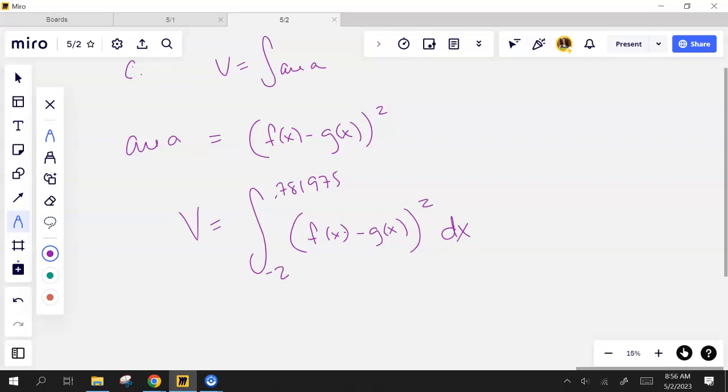Again, because this is a calculator problem, this is straight in the calculator.